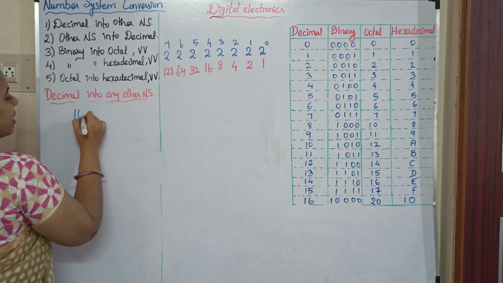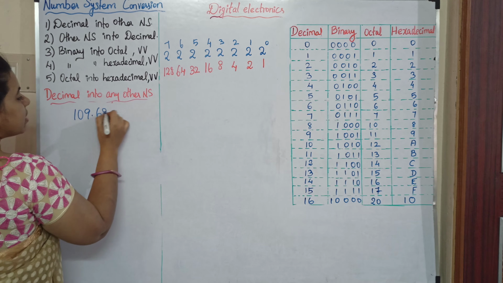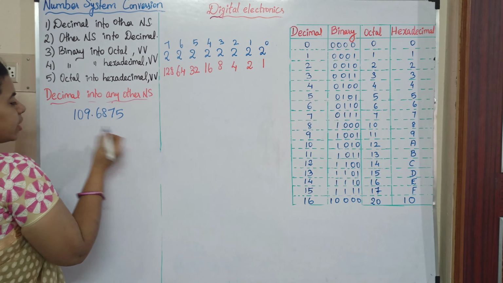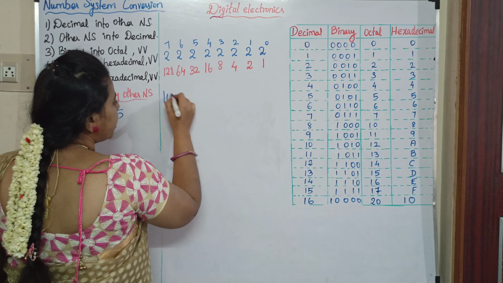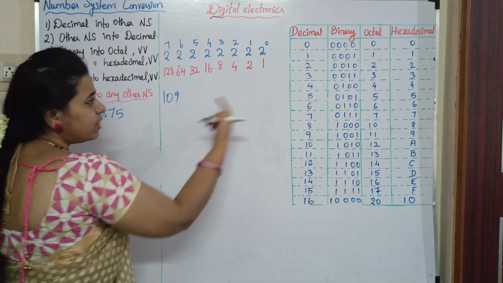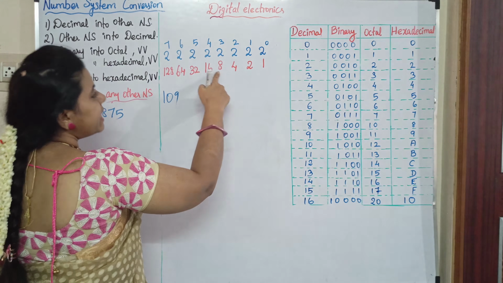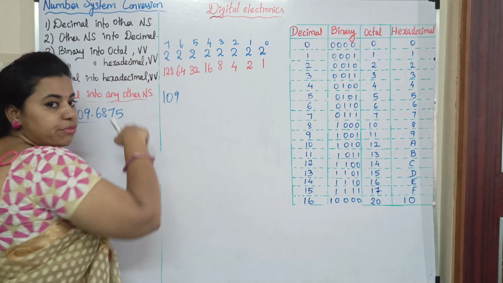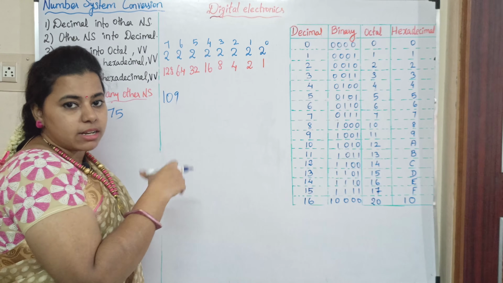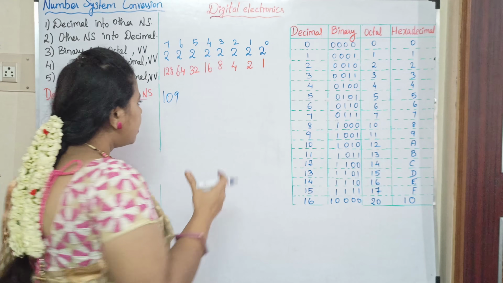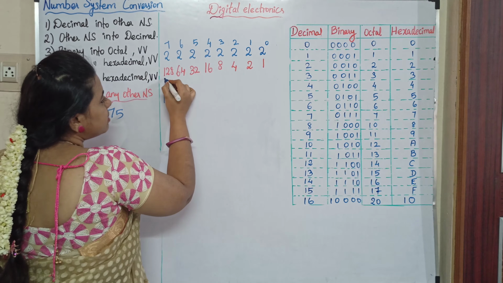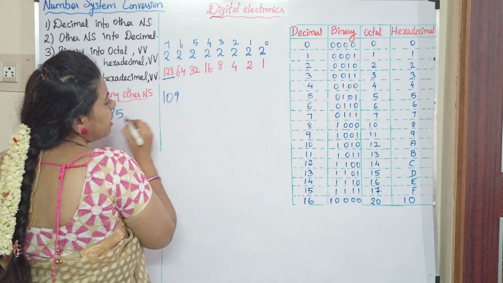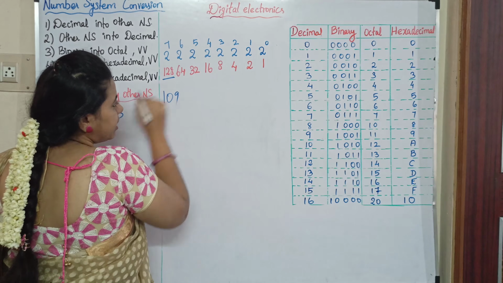Consider the same decimal value 109.6875. Now consider the integer part 109 and see the values 1, 2, 4, 8, 16, 32, 64, 128, 256, then 512. It will go like this. Now see the value 128. It is greater than 109.